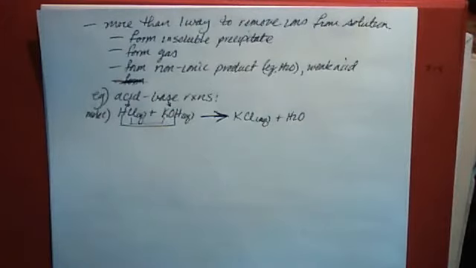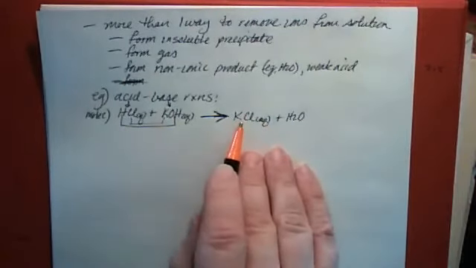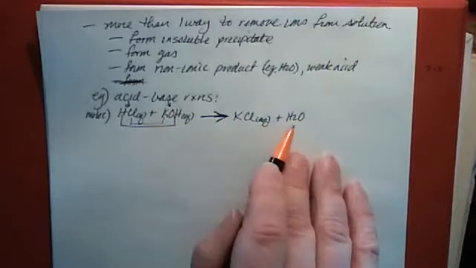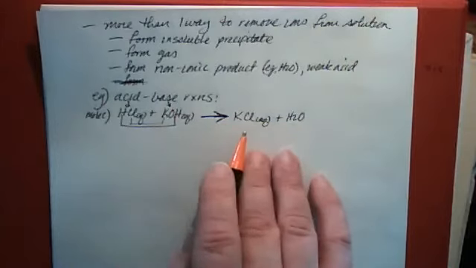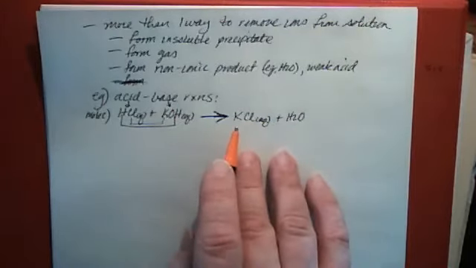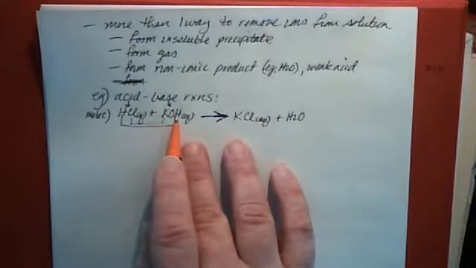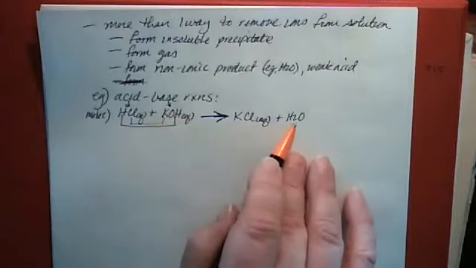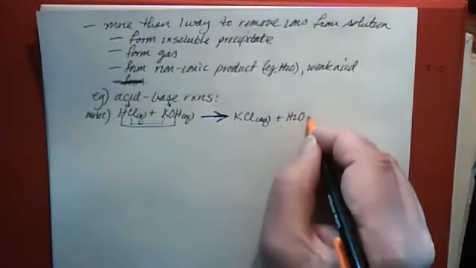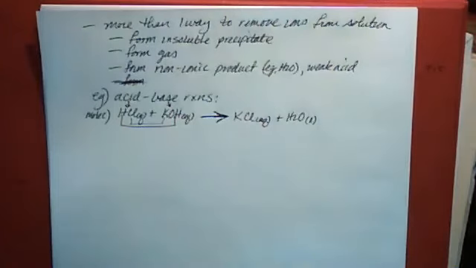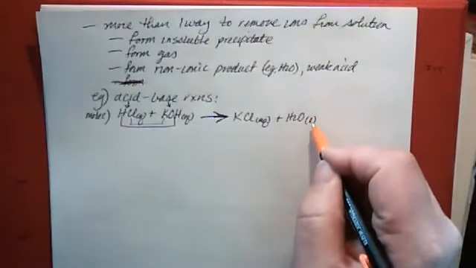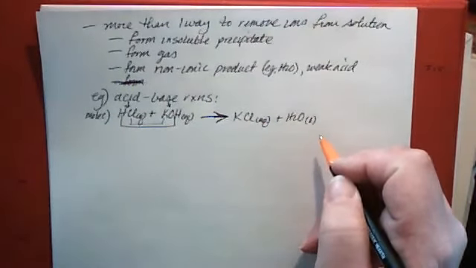So the two products of acid-base reactions will be an ionic compound like KCl and water, because the acid will give off H+ ions and the base will give off OH- ions. And when H+ and OH- come together, they form H2O, or water. Water is not considered aqueous. It's considered to be a pure liquid. And so you would list that as H2O with a little L after it.